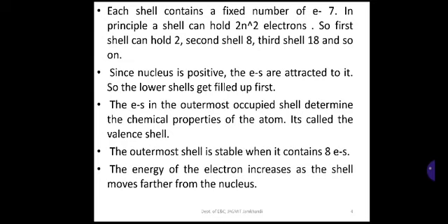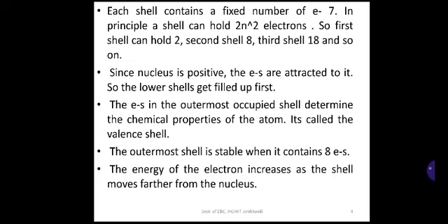For example, in the first orbit, 2 into 1 squared. 1 squared is 1, so 2 into 1 is 2. So the number of electrons in the first orbit is 2. Since the nucleus consists of protons, it is positive, and the electrons are attracted to it.